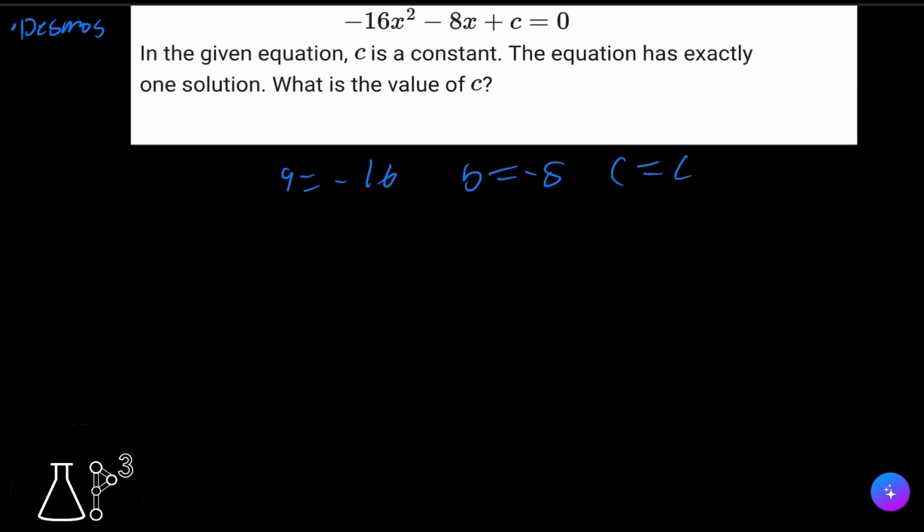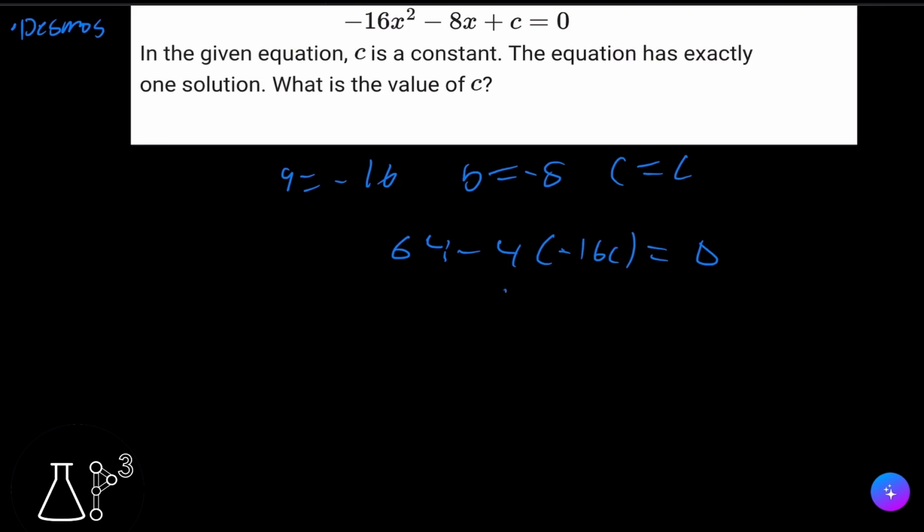So let's plug it into b squared minus 4ac. So b squared equals 64. Then minus 4 multiplying -16 with C, which equals 0. So if I were to multiply 4 times 16, I'm going to get 64. So I'm going to get positive 64 actually.